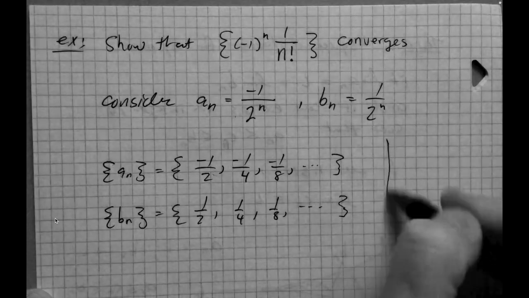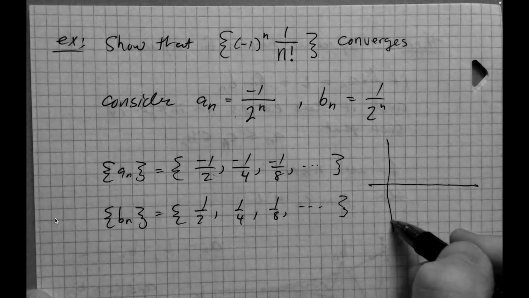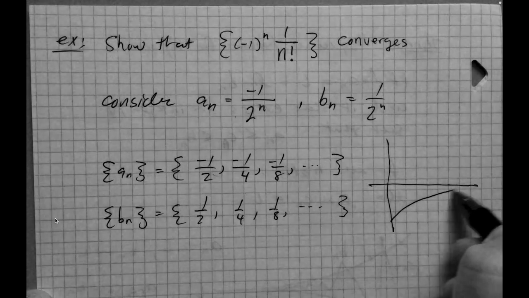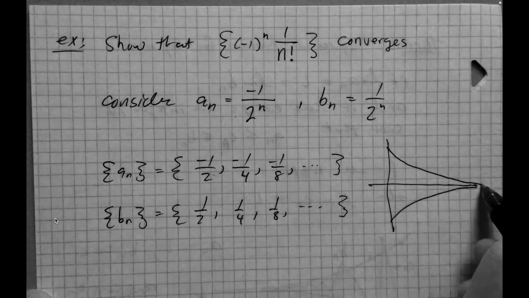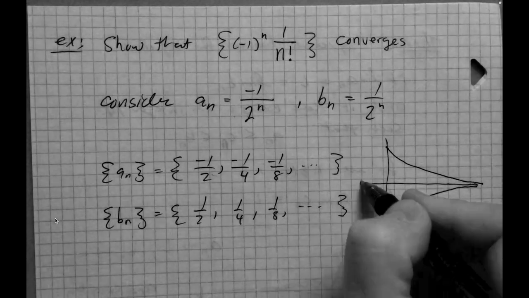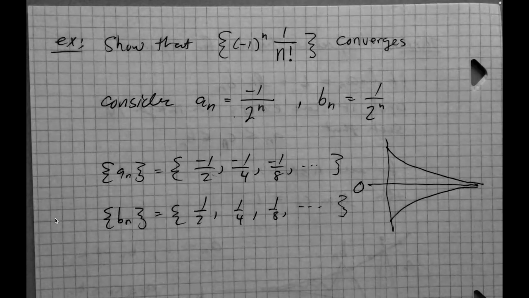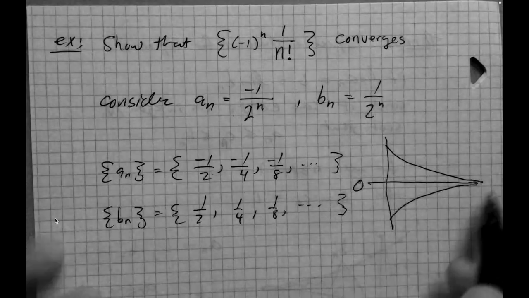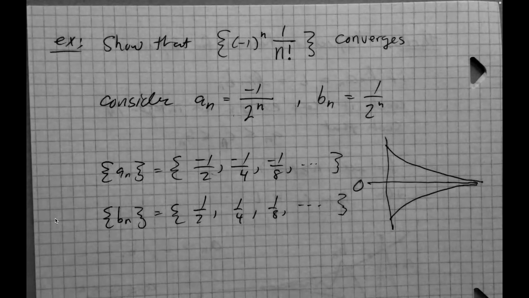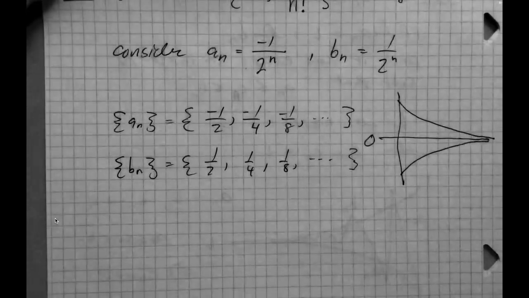So you can think of a of n as kind of going like this, b of n going like that, and they're sort of coming together at 0. We should say the value of 0. These aren't functions; they're sequences.